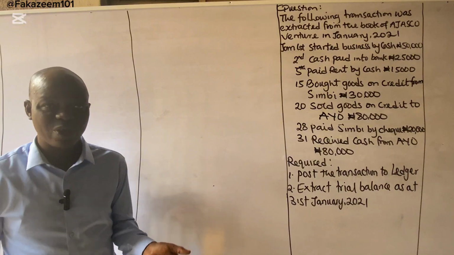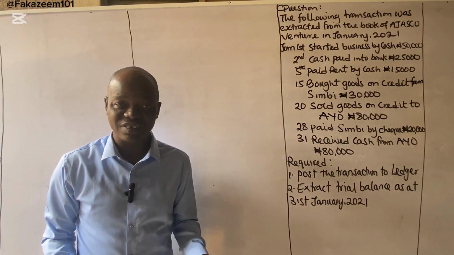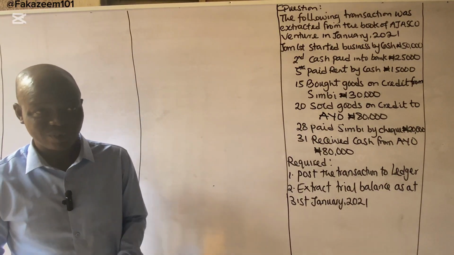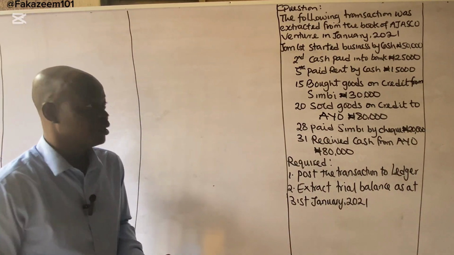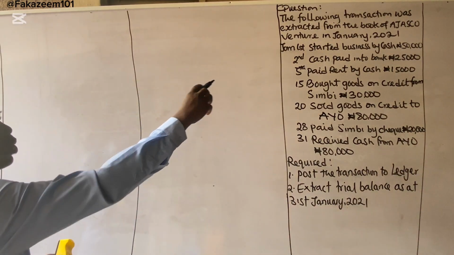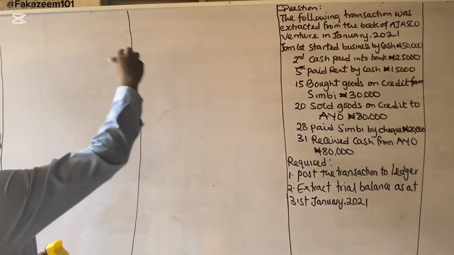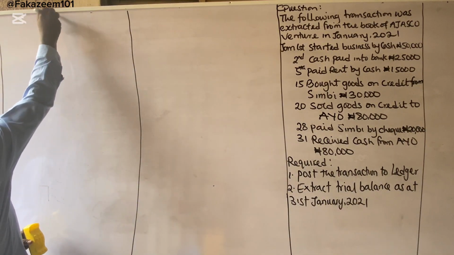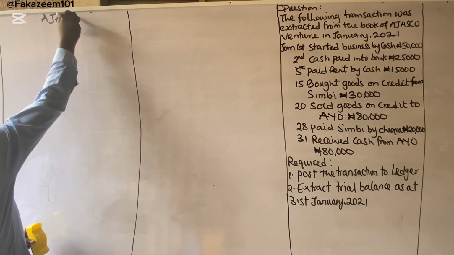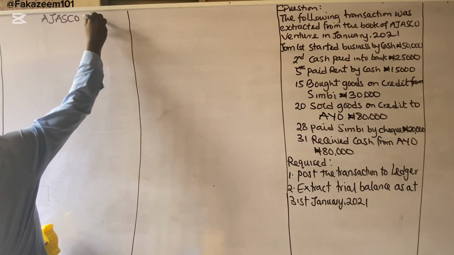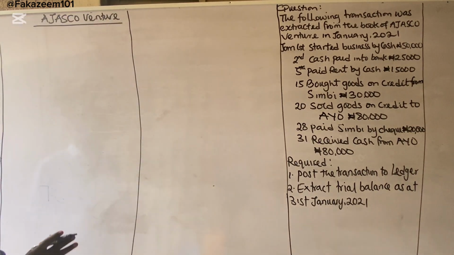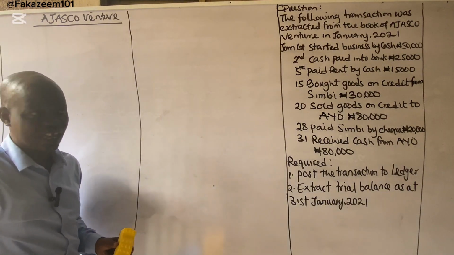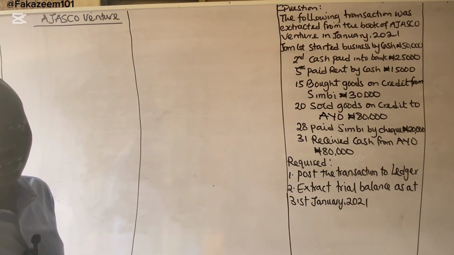But in the classroom, where we don't have letter-headed paper, we are using our 40 leaf or 80 leaf, we have to still show that we are using letter-headed paper by putting the name of the company. The name of this company is Ajasco Venture.